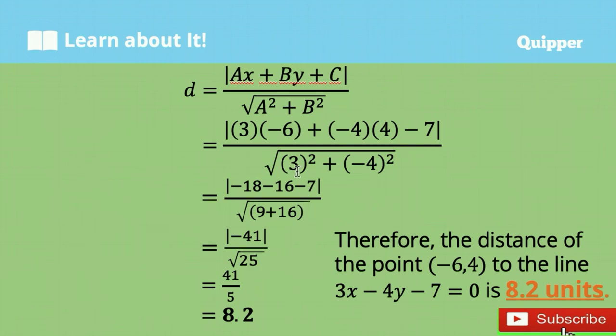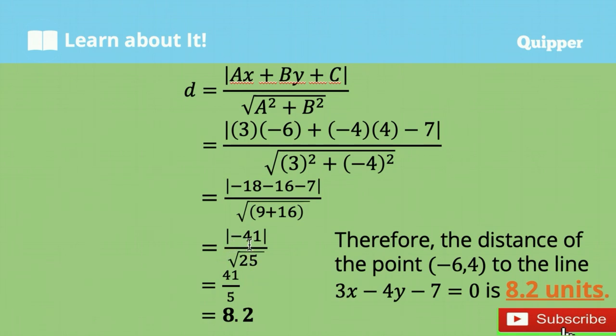Then simplifying the denominator, 3 squared, that is 3 times 3, 9. -4 squared, that's -4 times -4, which is 16. Then adding the numerator, -18 minus 16 minus 7, that is -41. Then 9 plus 16 is 25, or the square root of 25.